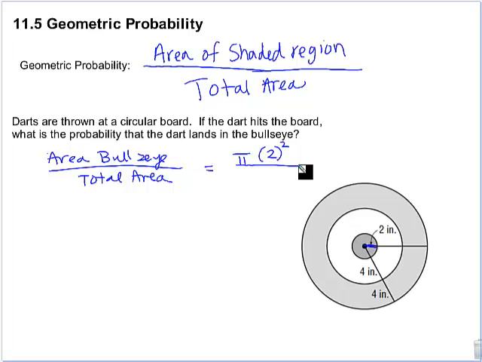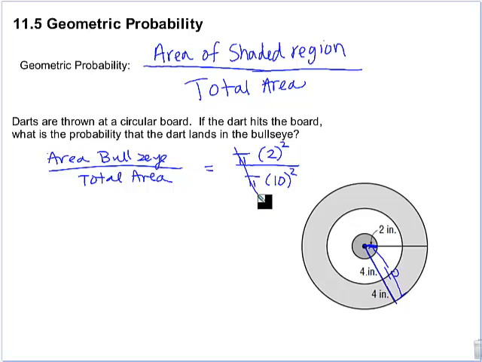Over, now we need the total area. Well, it's not just 4, because the radius of the whole circle would be all the way out. So 2 plus 4 plus 4 is 10. So over pi times 10 squared. What would happen to these pi's?